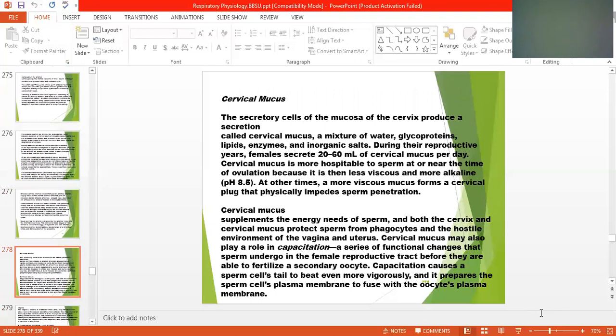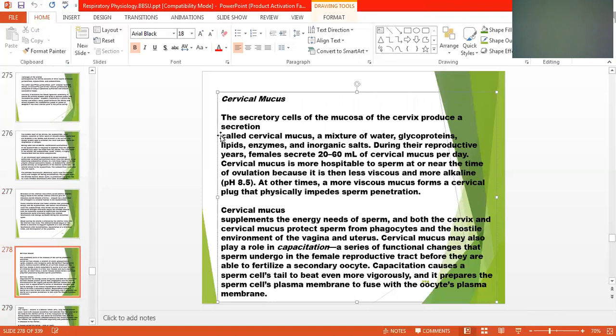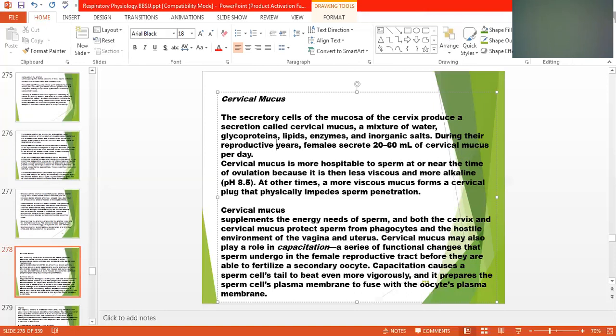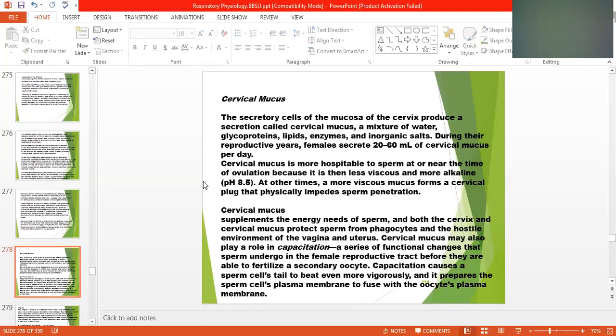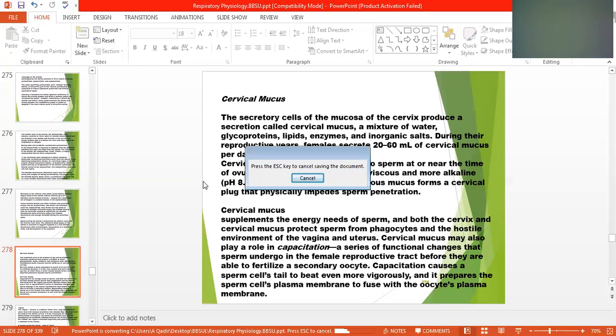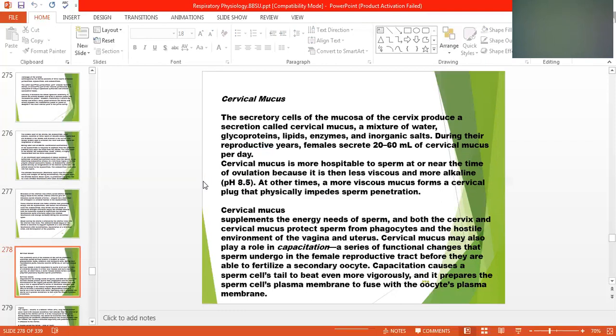This cervical mucus is a mixture of water, glycoprotein, lipids, enzymes, and inorganic salts. During their reproductive years, females secrete 20 to 60 ml of cervical mucus per day.